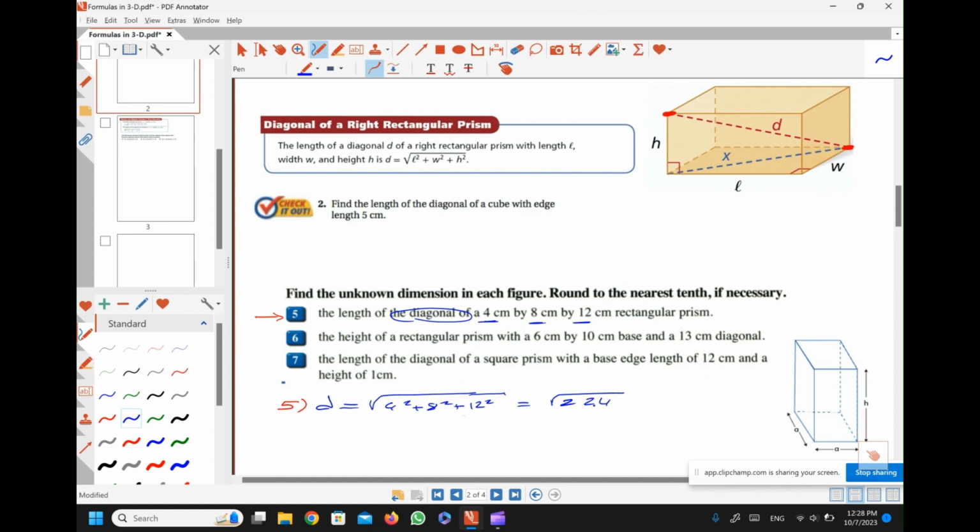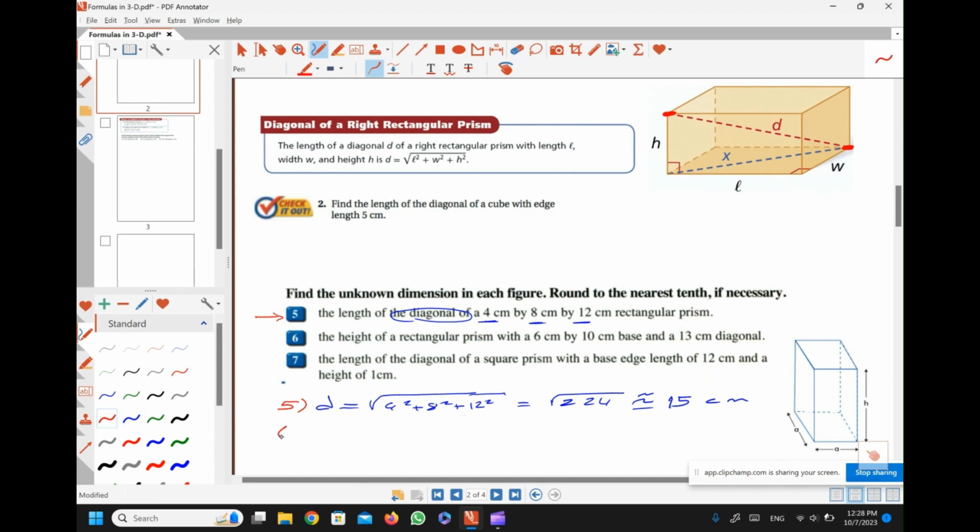Type it into your calculator. It will give you 14.96. And the question is asking about rounding it to the nearest tenth. So it's approximately 15. So our diagonal is 15. The unit is centimeter. 15 centimeters. Okay, it's pretty easy.